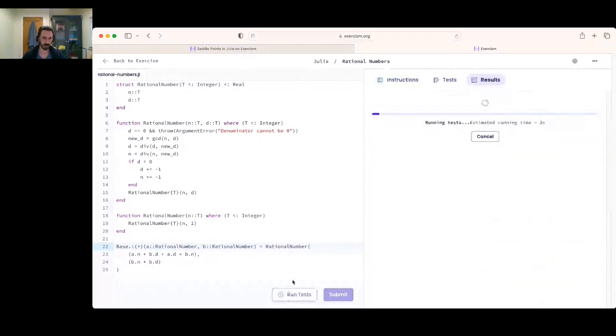Following the rules, so let's see if that works. Let's run our tests. Let's see if we're going in the right direction. Let's see if I remembered how to use base.add. I'm hoping so. It'll make my life a lot easier if it is.